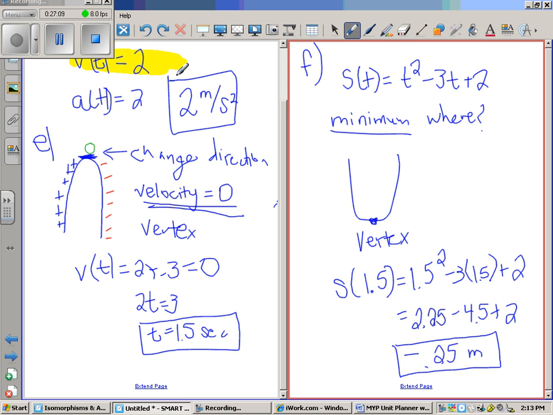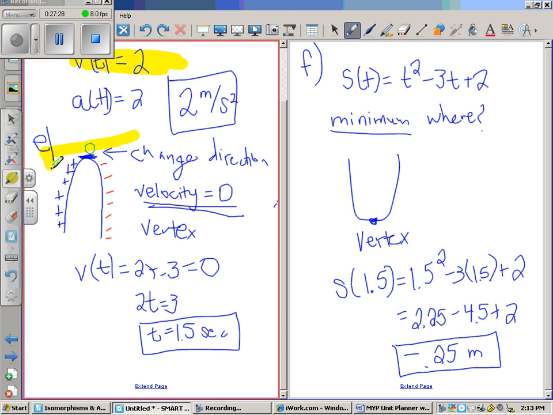The big ideas for this chapter are that if you take the derivative of a position or a displacement or distance function, you get velocity, and if you take the derivative of velocity, you get acceleration. Another huge idea is changing direction.